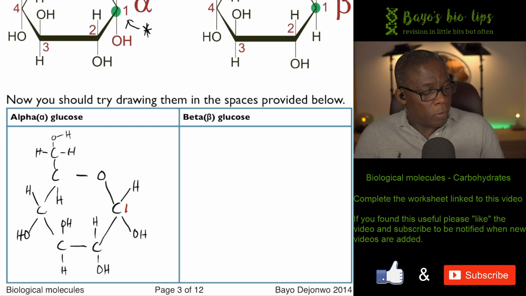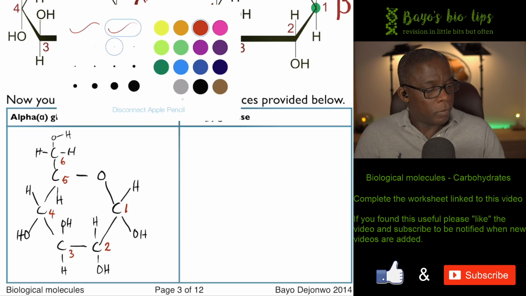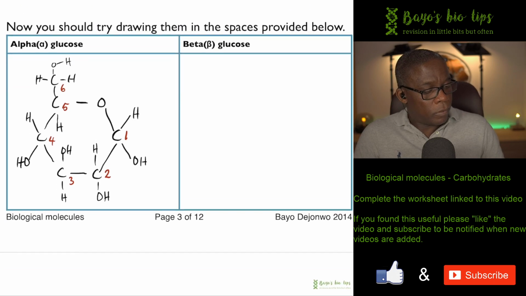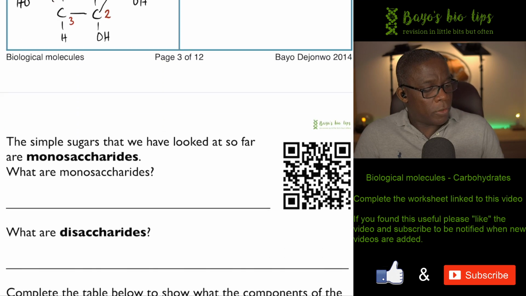So 1, 2, 3, 4, 5, and 6. Okay, so you should have a go at filling in the box for beta glucose. So on to the next page.